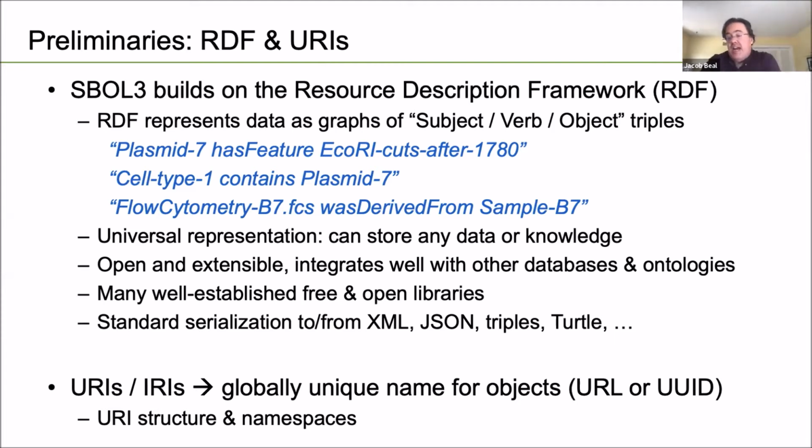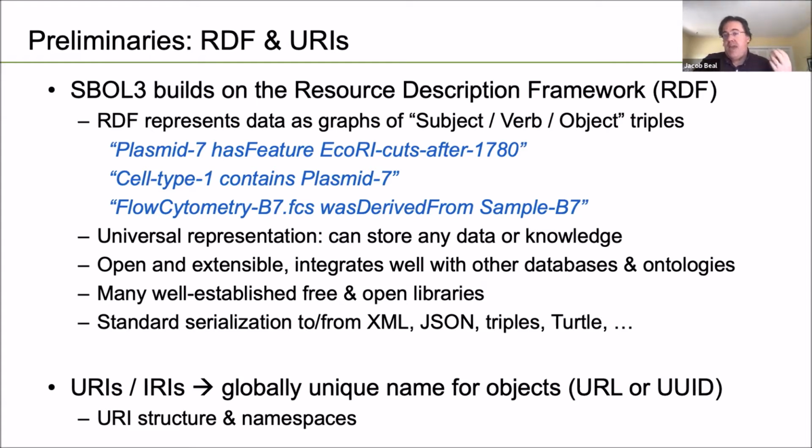There's a lot of well-established free and open tooling for this, including a lot of nice libraries for working with it in a lot of different languages. And there's a standardized serialization to a bunch of different formats, including XML and JSON. And for my purposes, the one that I am happiest about is there's a plain triples format, which when you sort it, makes your life really nice in version control because you get a stable format every time, and you can look at diffs really cleanly.